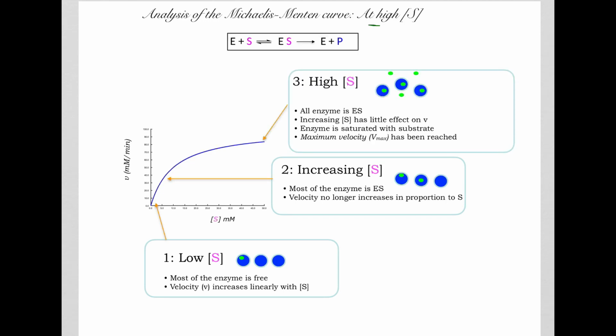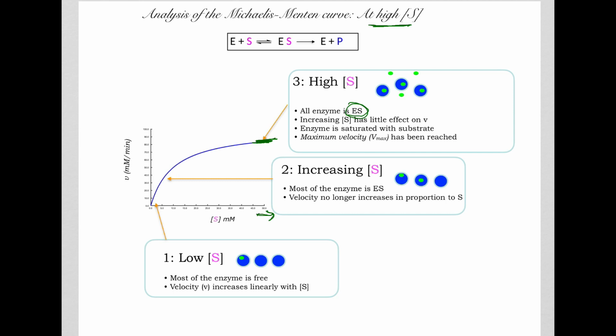Now at very high substrate concentration, we see that almost all of the enzyme is in the ES complex form. So there's hardly any enzyme in the E form. All of it is in the ES form. And at this stage, even if we increase the substrate concentration, the velocity is not changing much at all.